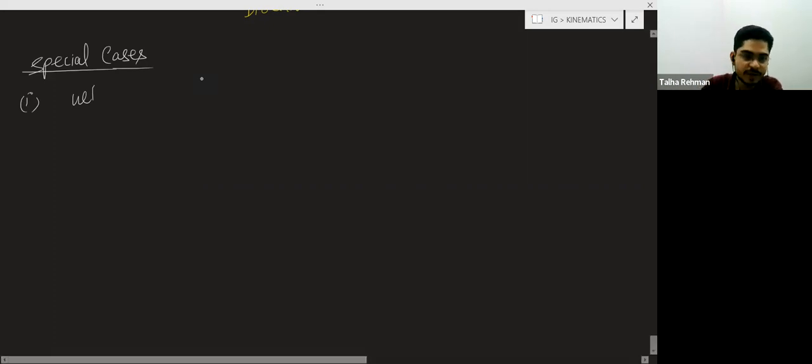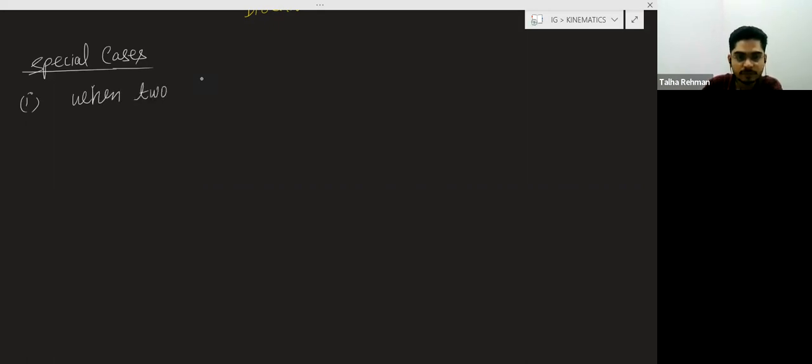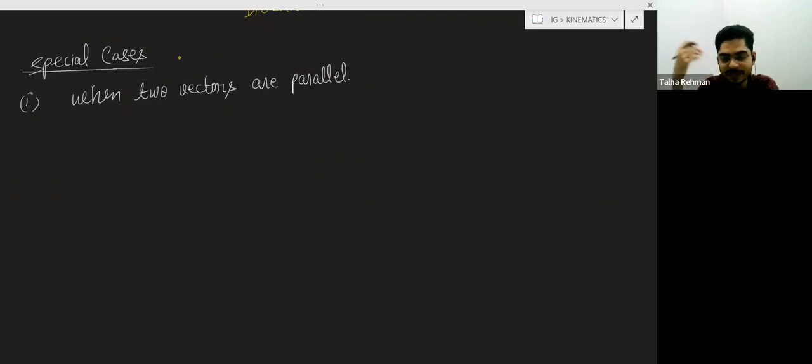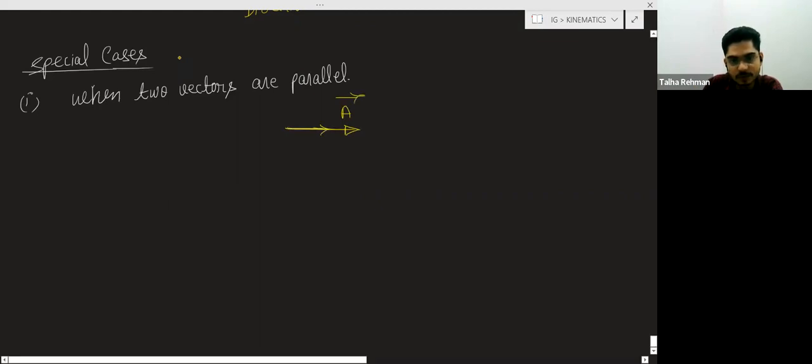So when two vectors are parallel, what is the angle between the vectors? Suppose this is your A vector and this is your B vector.